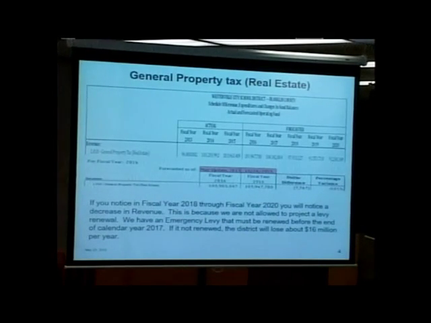So we have to show you what the revenue will look like if the levy fails, which is what we've done. You can see that there will be a decrease in roughly 2018. It's about an 8 million decrease because fiscal year 18 takes in the last half of calendar year 17, which we still collect the revenue. So that's why you see half of it go off in 18, the rest of it go off in 19 and 20.